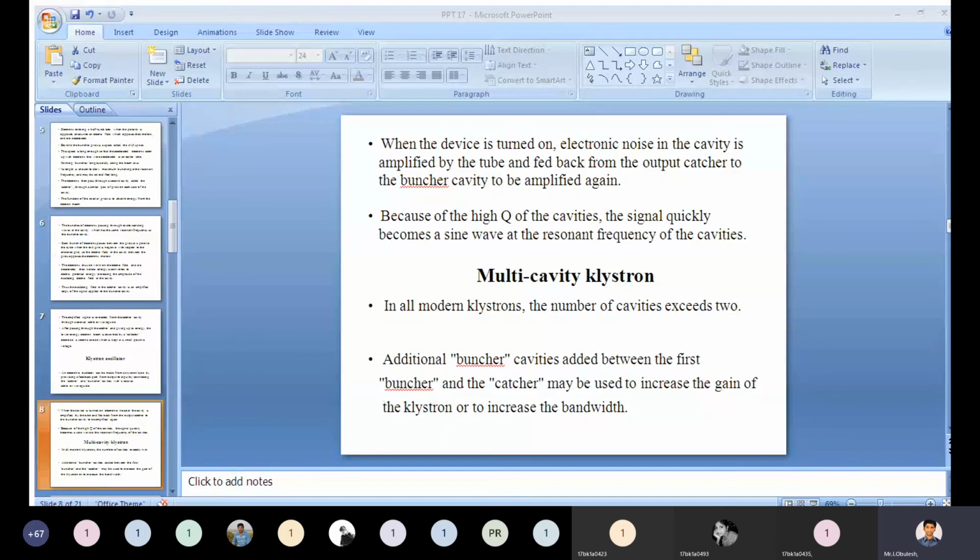Next one is the floating drift tube klystron. The floating drift tube cluster has a single cylindrical chamber containing an electrically isolated central tube. Electrically, this is similar to the two-cavity oscillator klystron with considerable feedback between the two cavities.